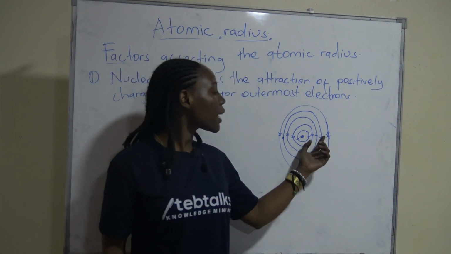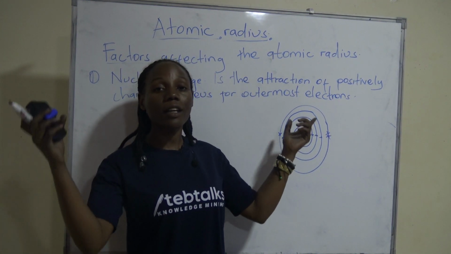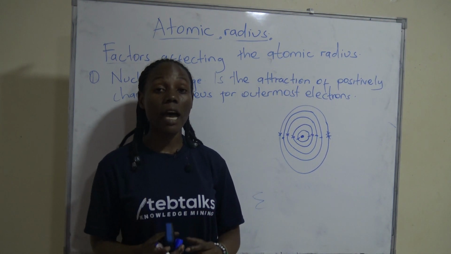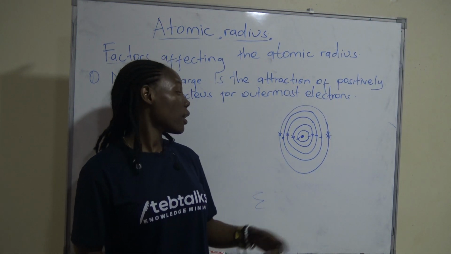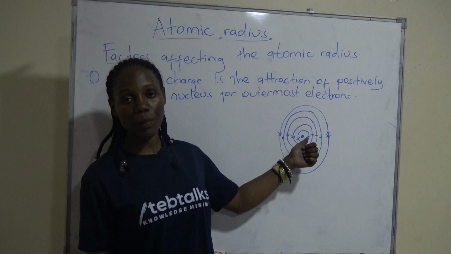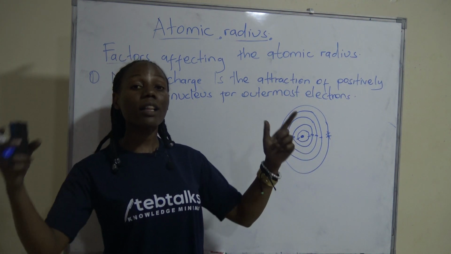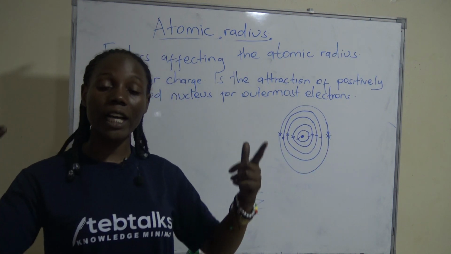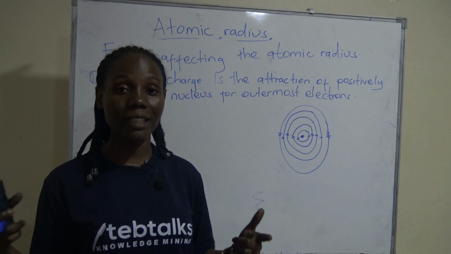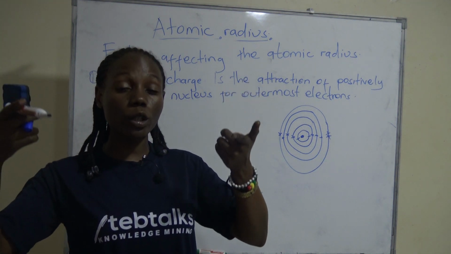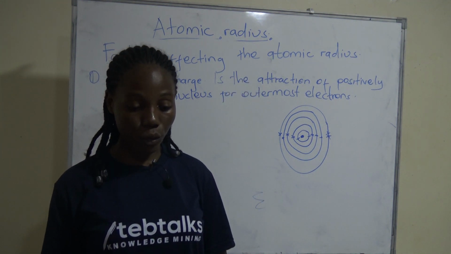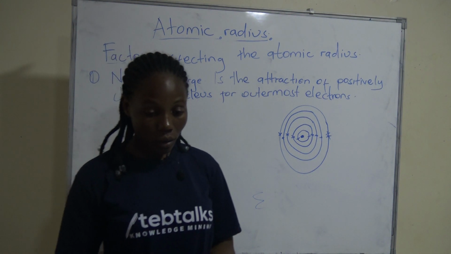All these electrons, in the various shells, are pulled towards the center of the nucleus, because the nucleus has the positive charge.